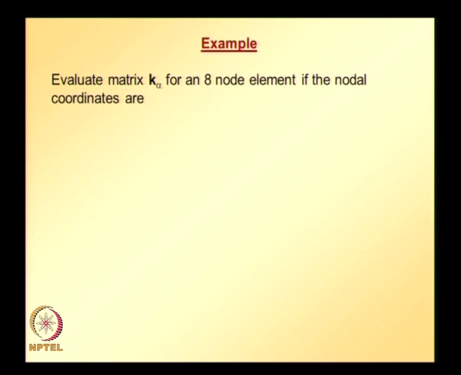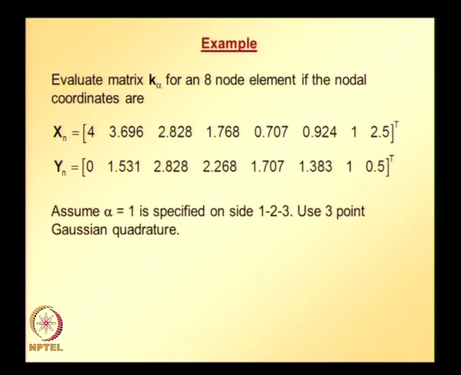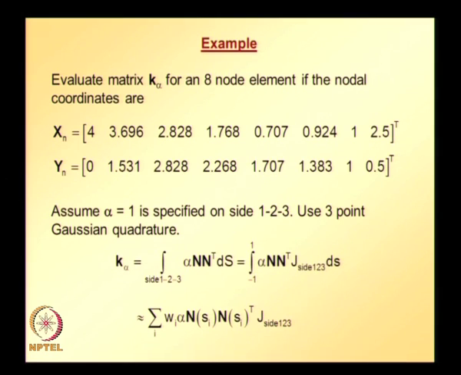Evaluate k alpha for the 8 node element if the x coordinates and y coordinates of all 8 nodes are given here, and assume alpha is equal to 1 along side 1 2 3 and use 3-point Gauss quadrature. So, we require to evaluate this integral.